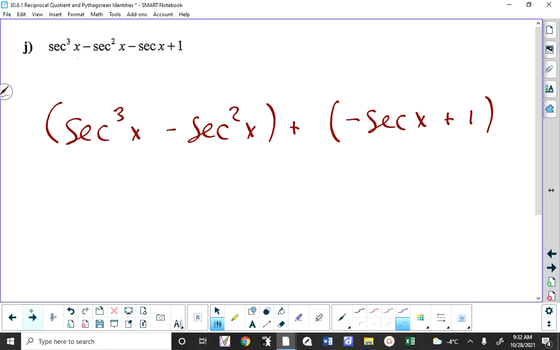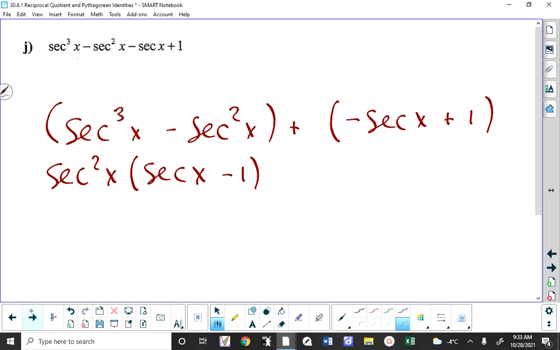What's important is when you factor by grouping and you make 2 pairs of terms, you make sure it's plus in between the 2 pairs. And then you factor a common factor out. So I can factor out secant squared of x here and be left with secant of x minus 1.